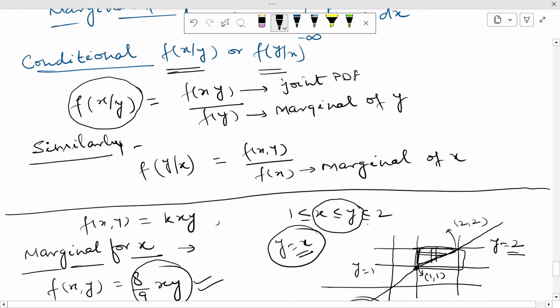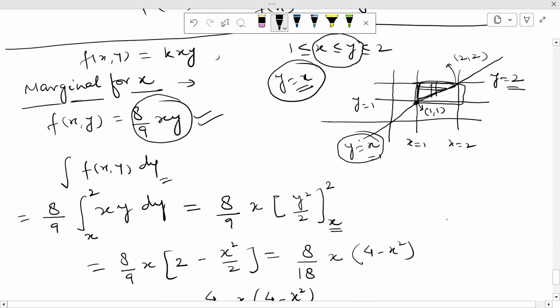Due to this, we have to consider our strip which is parallel to our horizontal axis, or you can say the x-axis. This strip starts from this line, which is x equals 1, and this strip ends at this line, which is y equals x.